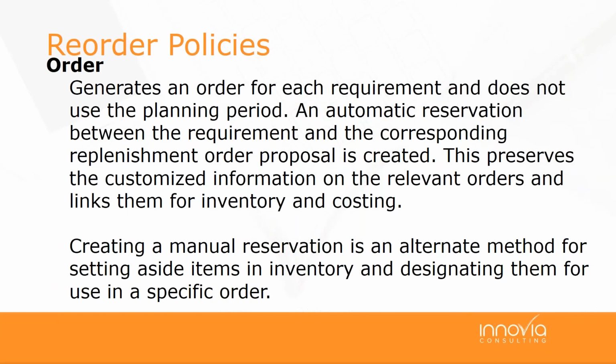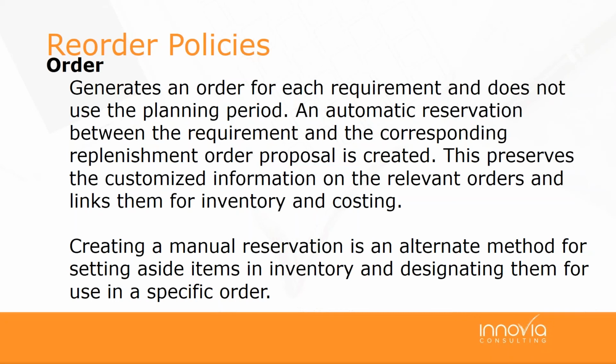Let's say it's a make to order production order item, and I set it up as order. Planning will pull it into the planning worksheet, and it will not combine other orders for that same item together with it. And when I generate the production order, there'll be a reservation between the production order and the sales order.